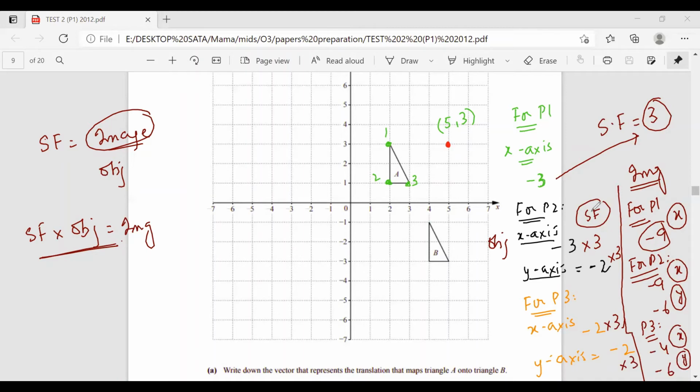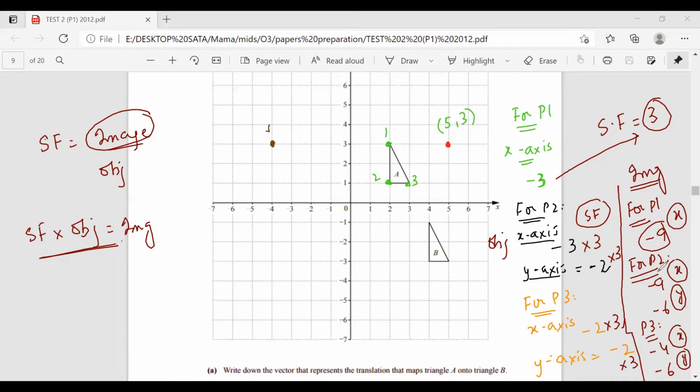So for image P1, for point 1, what you have to do, just move negative x-axis 9 points. 1, 2, 3, 4, 5, 6, 7, 8, and 9. This is my point 1.